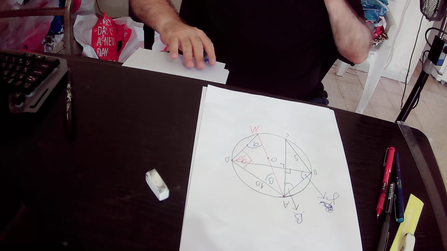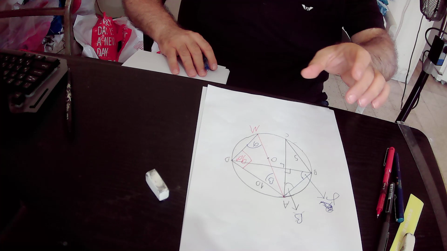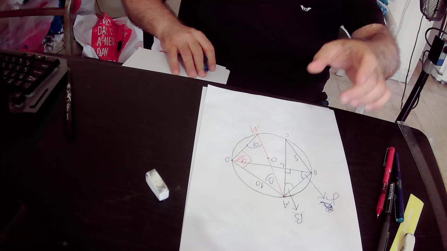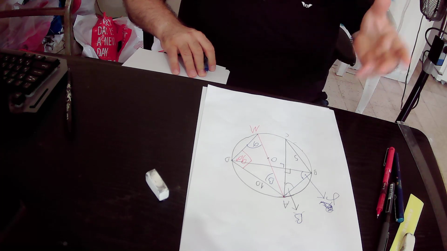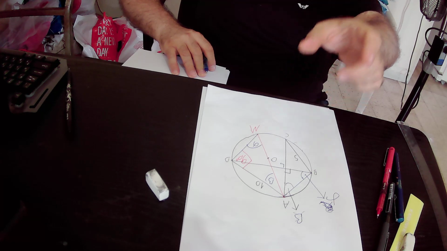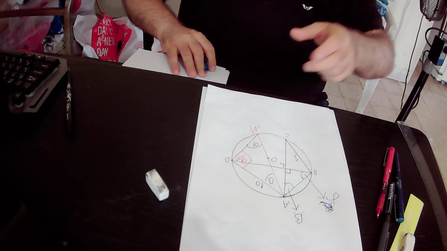Rule number 3 states that equal peripheral angles rest on equal chords or equal arcs. Again, equal peripheral angles rest on equal chords or equal arcs.